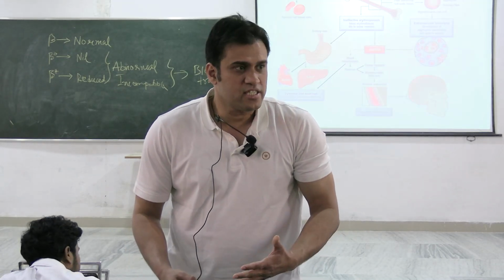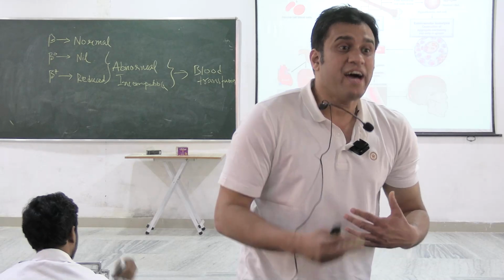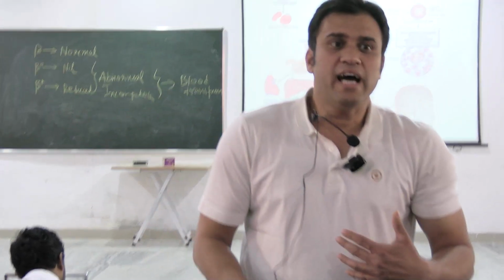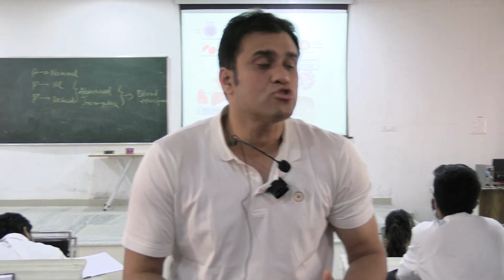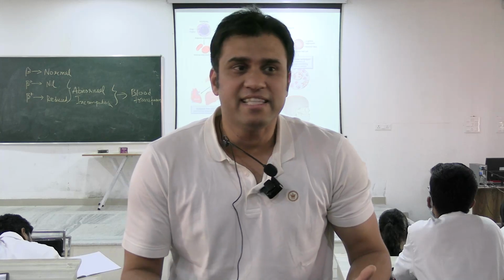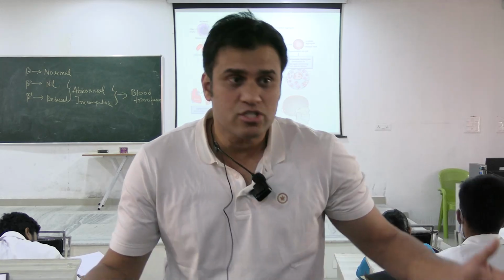When there is hemolysis, there will be an erythropoietic drive. The body has to compensate and produce more RBCs, because red cells are dying, or there is ineffective erythropoiesis. The body has to cope with the situation.